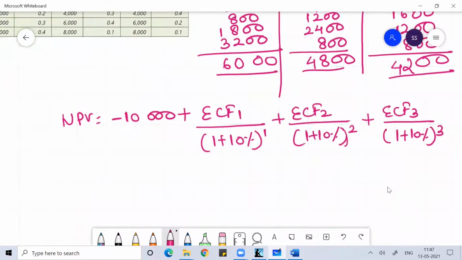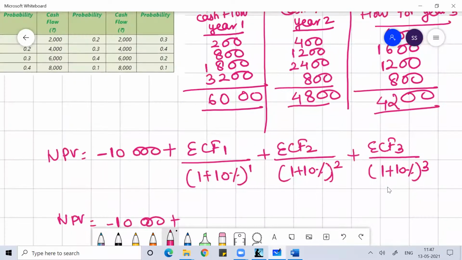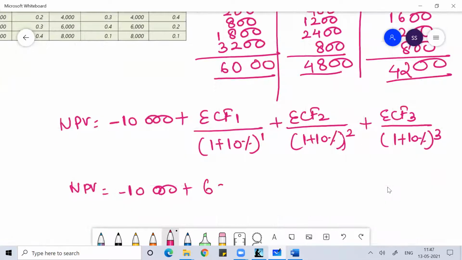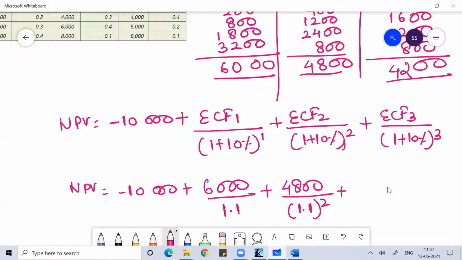So NPV is minus 10,000 plus 6,000 divided by 1.1, plus 4800 divided by 1.1 square, plus 4200 divided by 1.1 cube.